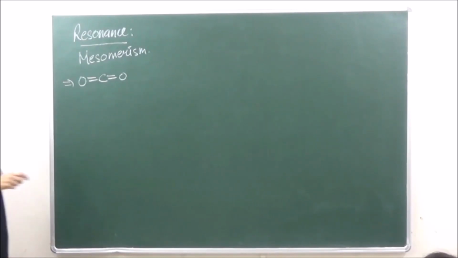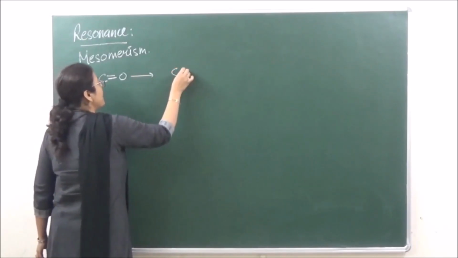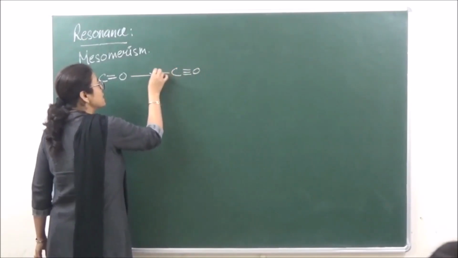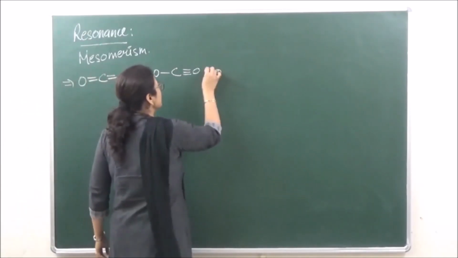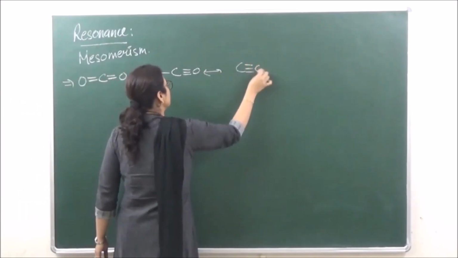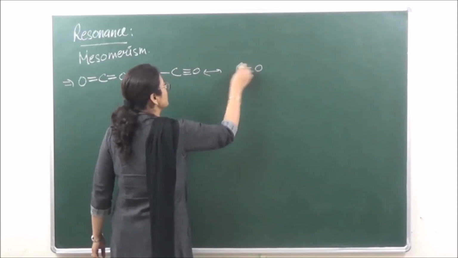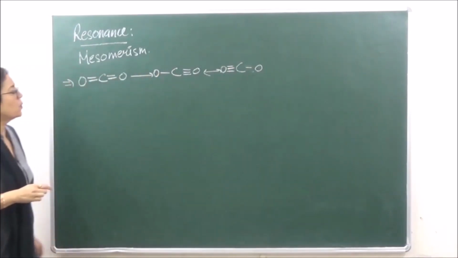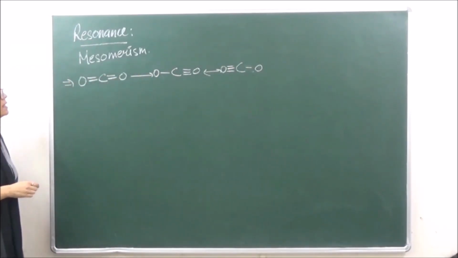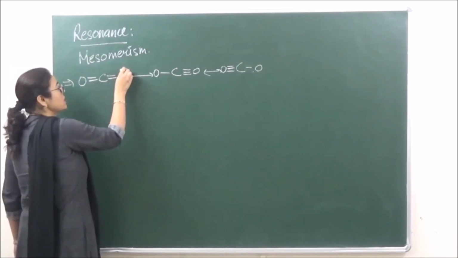Now it was suggested that the molecule of carbon dioxide may exist as this, or it may exist as this, right?